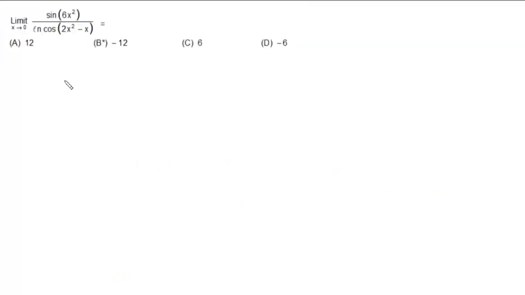Now here the question is, we need to solve this limit: x tends to 0, sin 6x square upon log cos 2x square minus x.